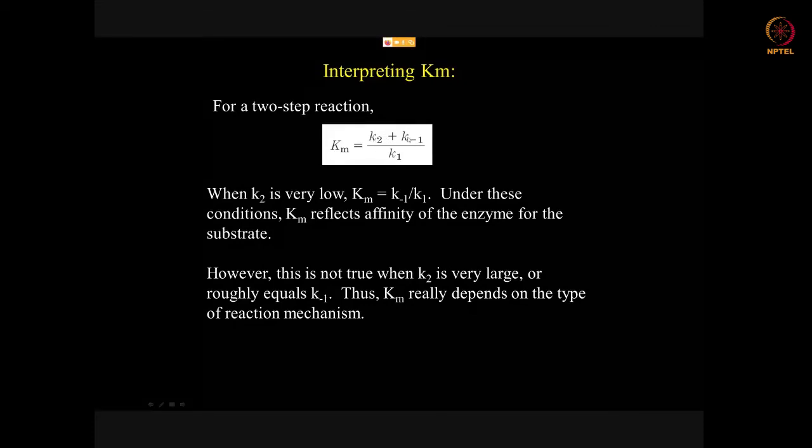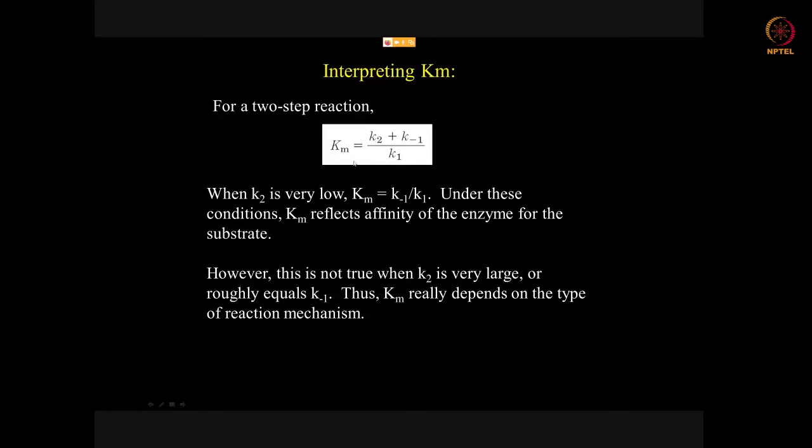If it is significantly large, then it will be a function of all three. And suppose you have an intermediate step, like for example, you will have K minus 2 as well, like E plus P combining to form the enzyme substrate complex ES, so like this, the other side of ES.